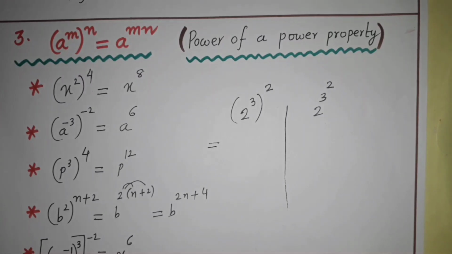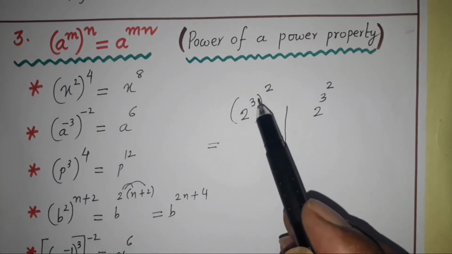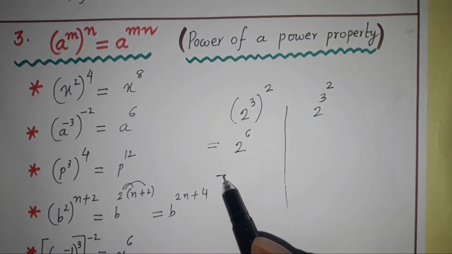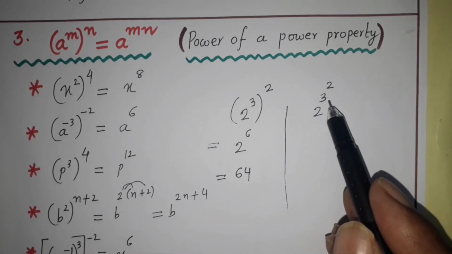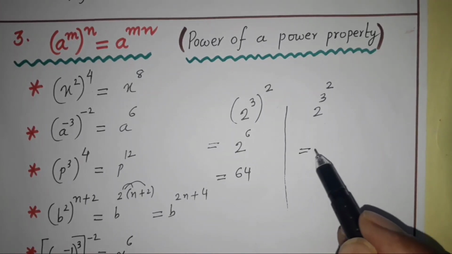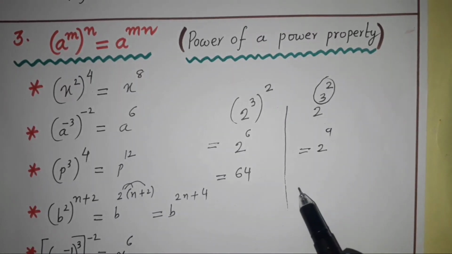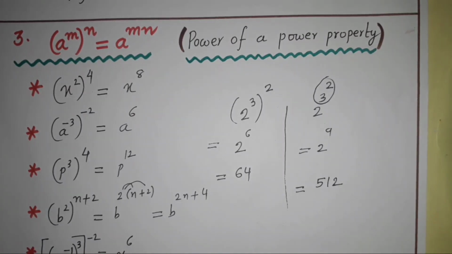This is just like the property we discussed now. (2 power 3) whole square is a whole power for a power, so these both should be multiplied. 3 2s are 6. 2 power 6 is nothing but 64. Whereas this is 2 power (3 square). That means 2 power, what is 3 square? 9. So 2 power 9 is equal to 512. So in this type of expansions, please try to understand the difference.